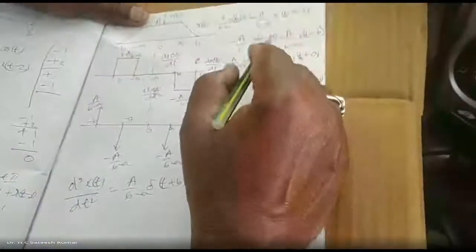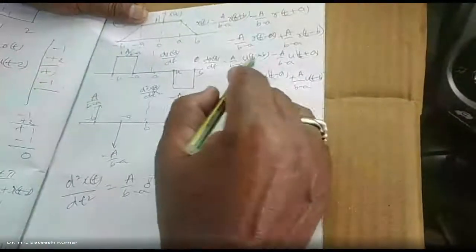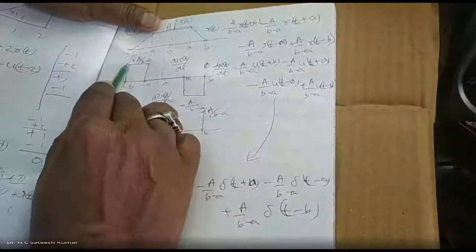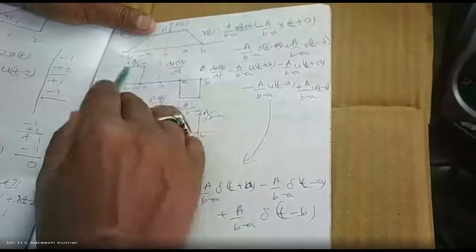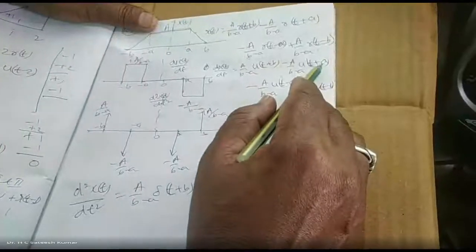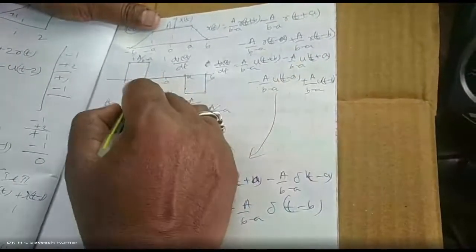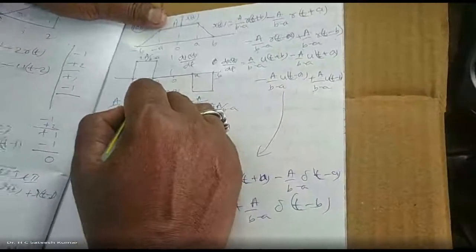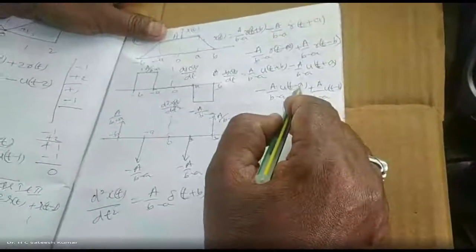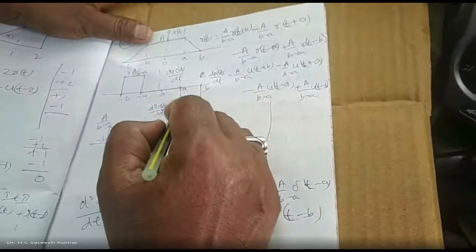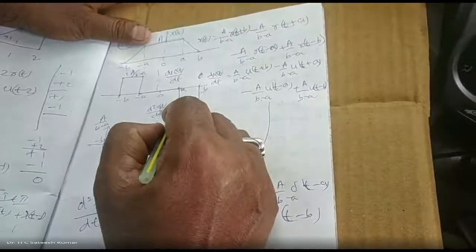You see this one, u of t plus b. That means at minus b, go up by a divided by b minus a. At minus a, u of t plus a means at minus a, fall by the same amount. Next, once again at a, fall by a divided by b minus a.